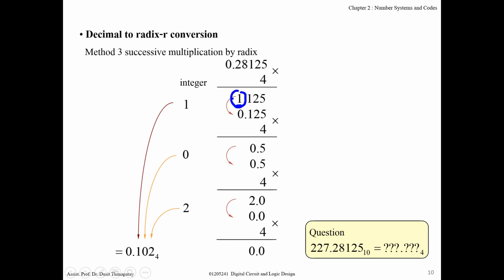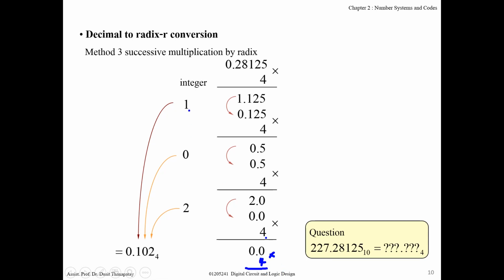Then you remove this integer, and it becomes 0.125. After that you multiply by 4, and it becomes 0.5. Then you bring this integer part over, and multiply by 4 again, and it becomes 2.0, so it becomes 2. Now after you remove this one, it becomes 0. Then you multiply by 4 again, and it becomes 0. Of course, you can multiply by 4 again and again.